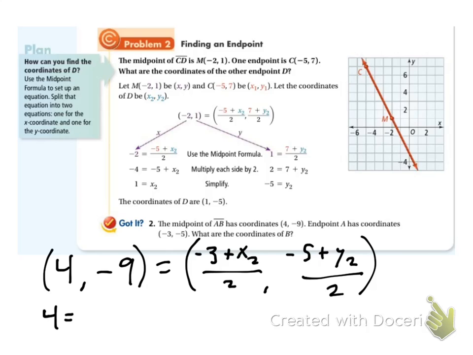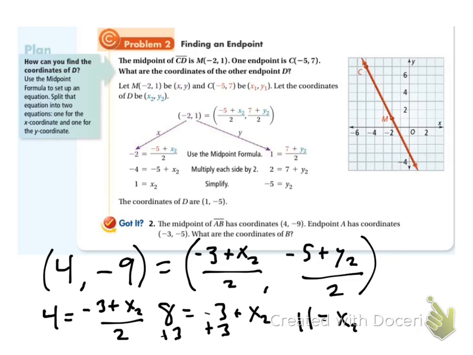So 4 is going to be equal to -3 plus x2 over 2. So I can multiply both sides by 2, and I get 8 equals -3 plus x2, and I'll add 3 to both sides. I get 11 is equal to x2. So my x coordinate is 11.